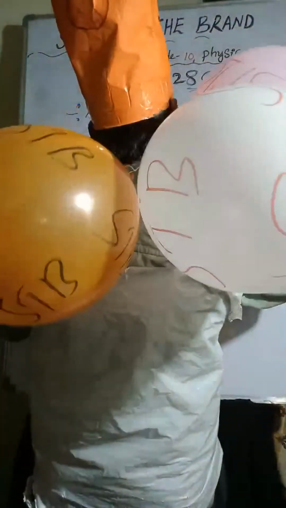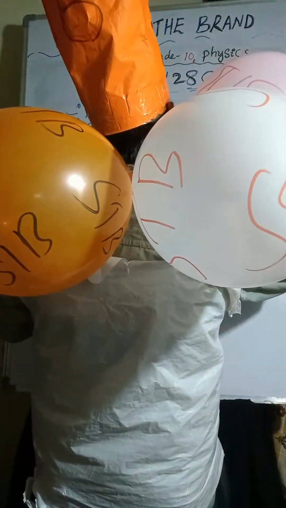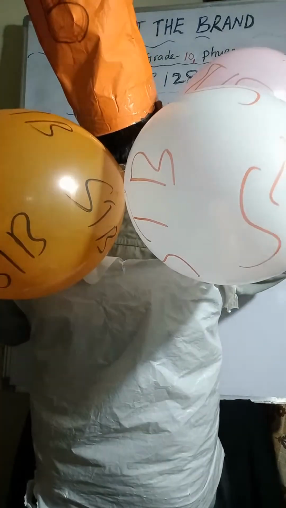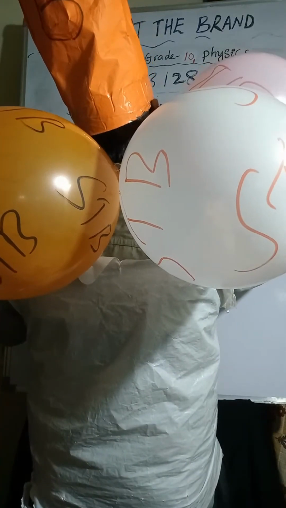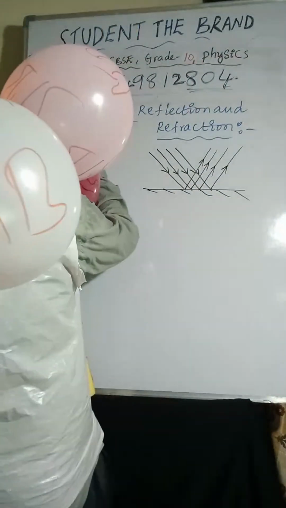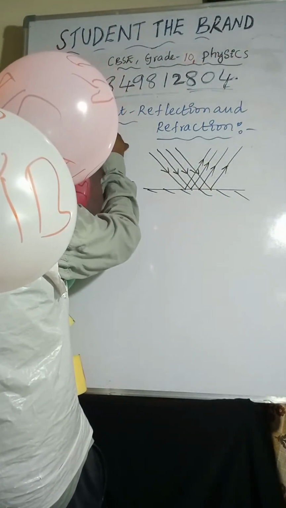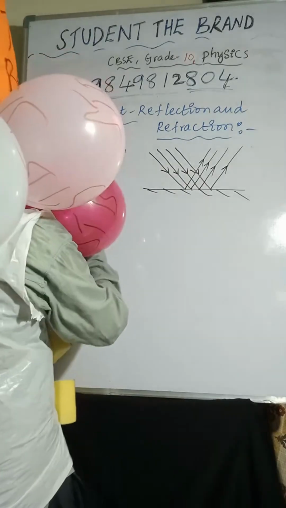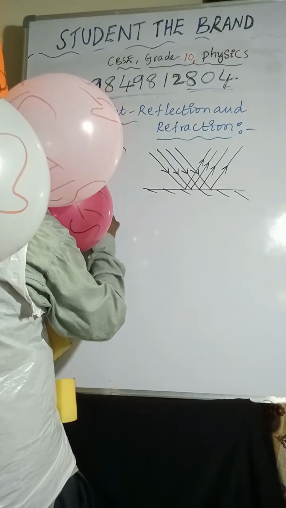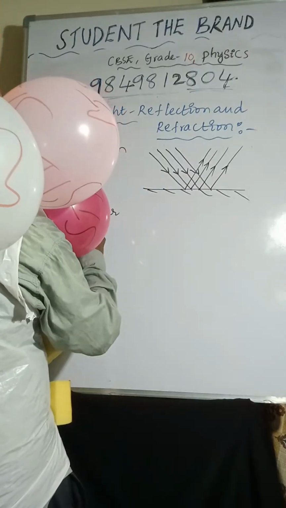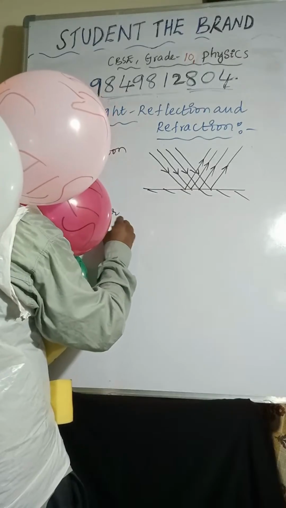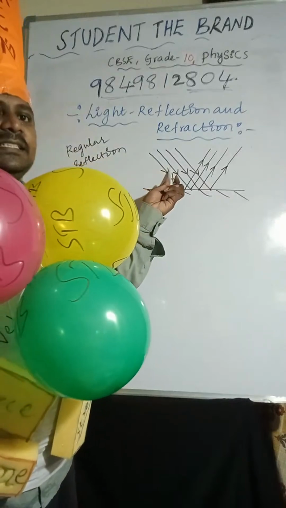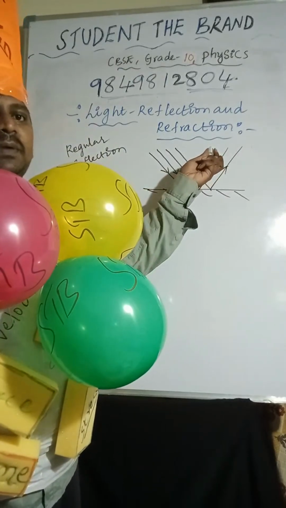So here you can see, this is a regular reflection. Incident light rays are parallel, then reflected light rays are also parallel to each other.